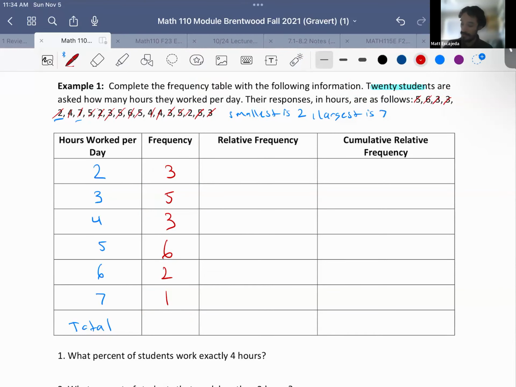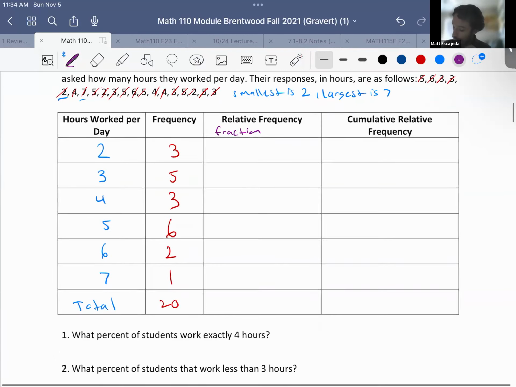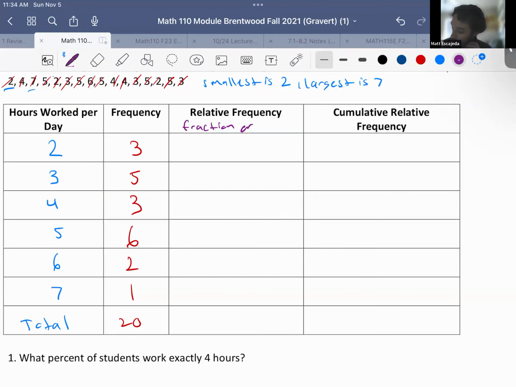So 3 plus 5 is 8, 8 plus 3 is 11, 11 plus 6 is 17, 17 plus 2 is 19, 19 plus 1 is 20. Okay, so we're good. So everything's accounted for. So now relative frequency, it could be a fraction or a decimal.